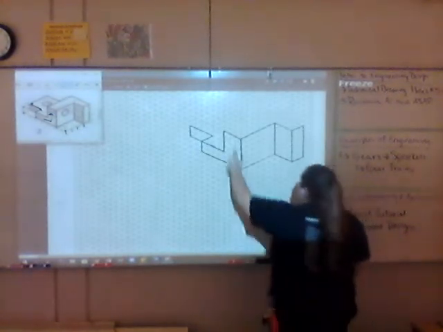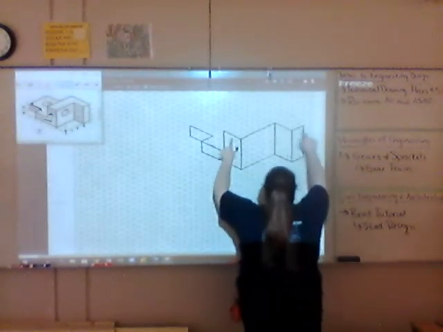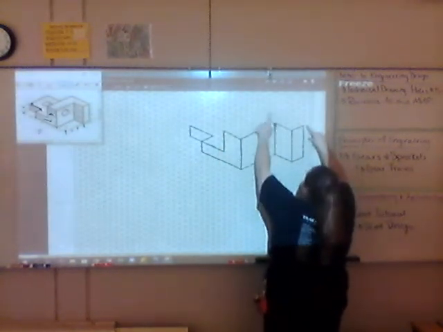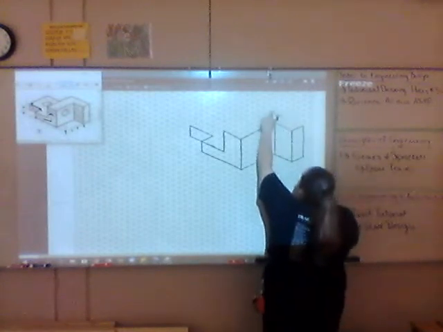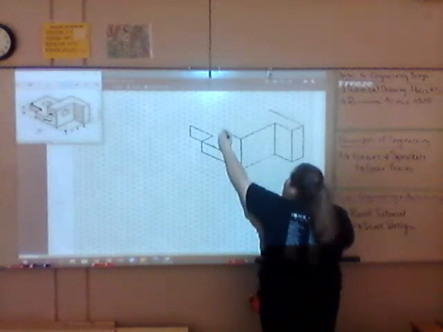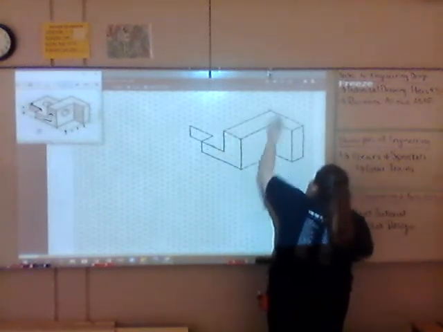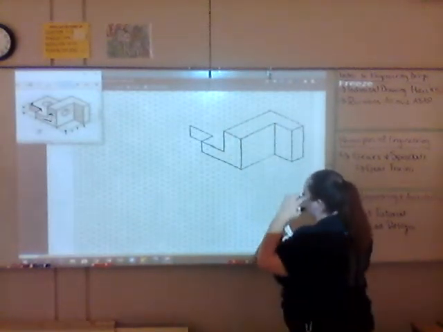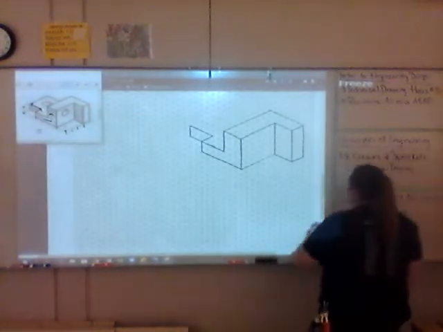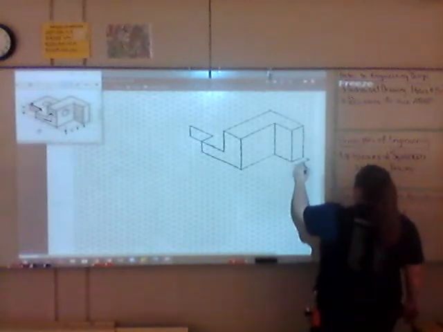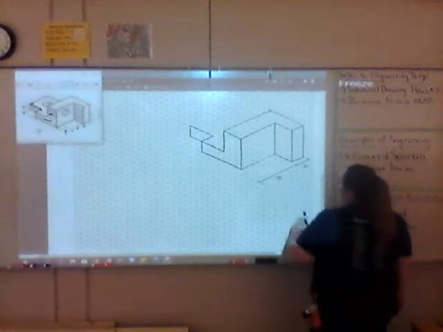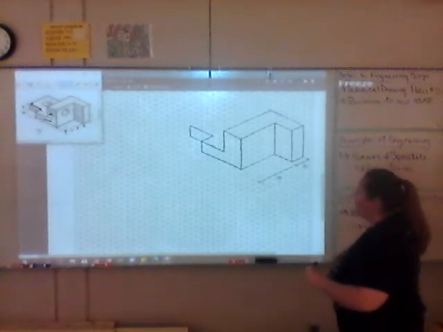So, since we have 3 here and 3 here, that means along this back side, we're going to count to the left 6 to meet where this corner is. So, 3, 6, right here, like so. And then we're going to come all the way over here. So that defines the back part, that top part, okay? And since we know that this is 2, and this over here to here is 6, our total width is 8.